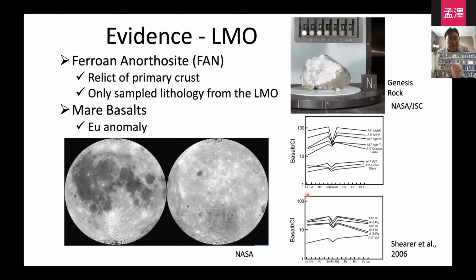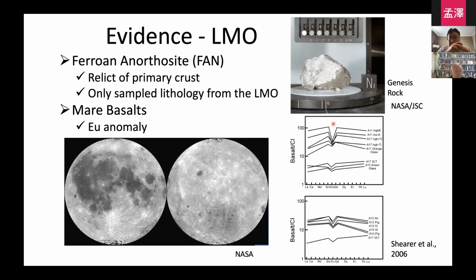As we can see, all the mare basalts, no matter whether they contain high potassium or low potassium, or high titanium or low titanium, and also from different missions, show a universal europium negative anomaly, which indicates that the lunar mantle is depleted in europium relative to other rare earth elements.